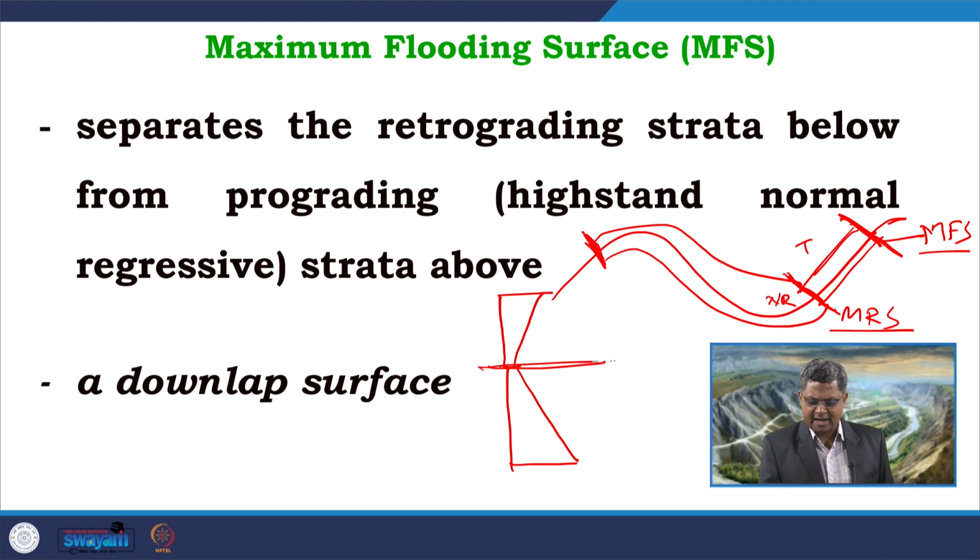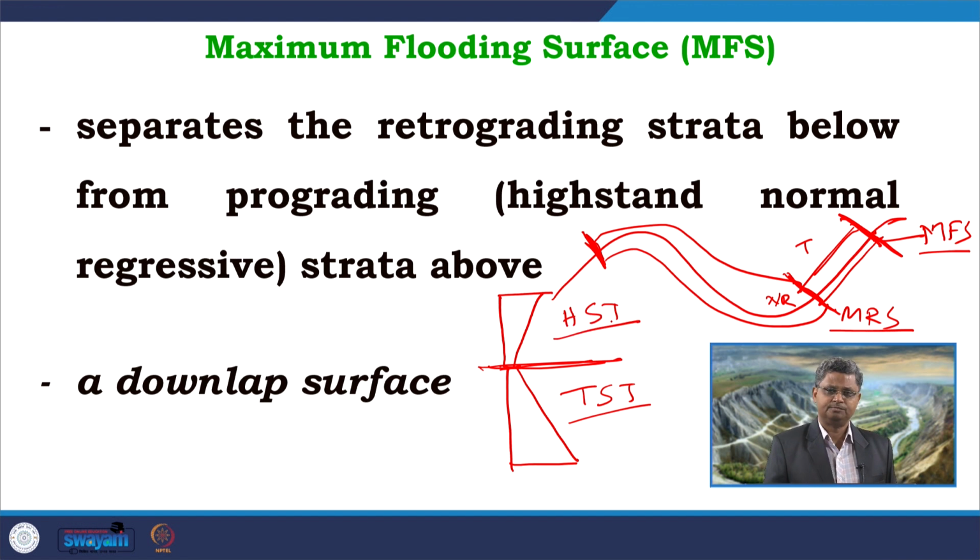So, this is the surface which marks the end of the transgression, the transgressive systems tract, and the start of the regression in the form of the highstand systems tract. A fining up succession changing over into a coarsening up succession, a retrogradational stacking pattern changing into a progradational stacking pattern, that particular surface is identified as the maximum flooding surface.